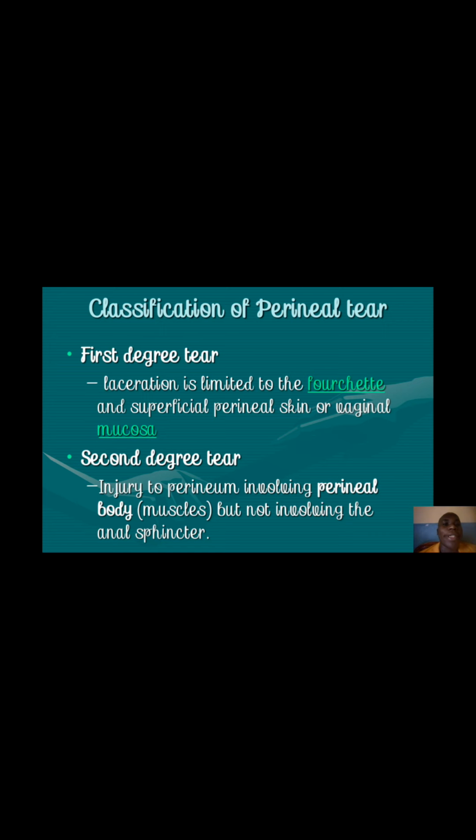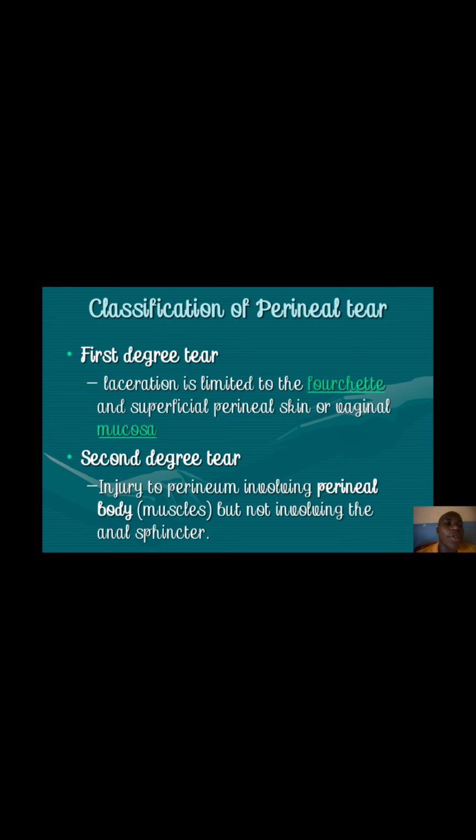But also there is a second degree tear, an injury to the perineum which involves the perineal body or muscles but not the anal sphincter. Kwamba ni injury ambayo ina involve perineal body. Perineal body ni kitu ambacho kipo katikati ya perineal muscles, kina collect the muscles, muscles zote zinaunganikia pale.